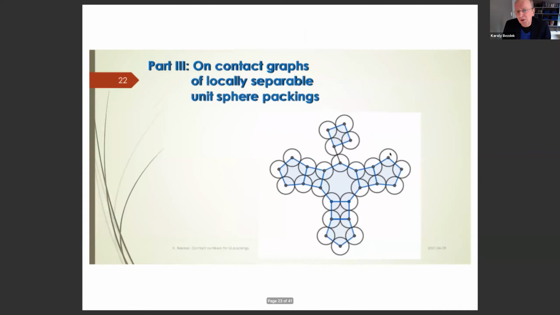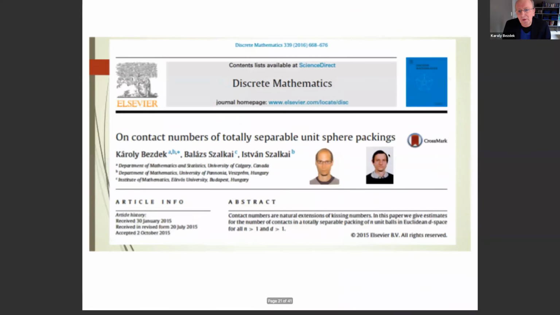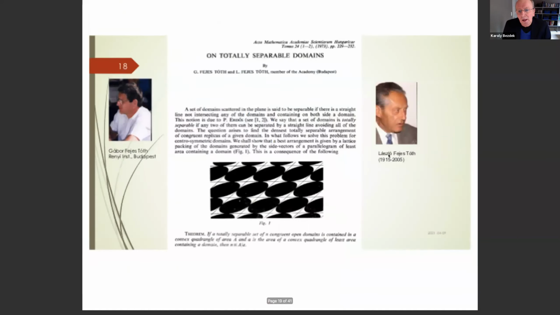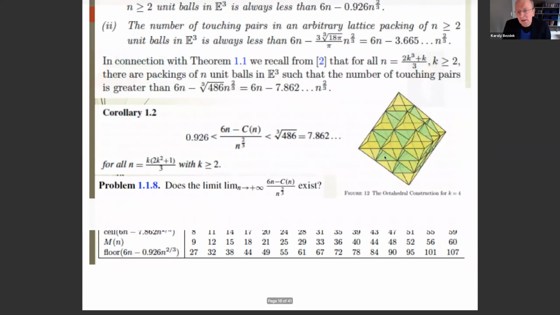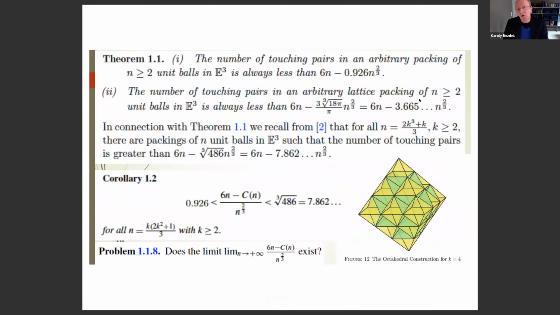We love it very much because it exhibits a lot of nice properties. Although I have not stated it here, in this theorem you see that the number of touching pairs in an arbitrary lattice packing is upper bounded by this number.